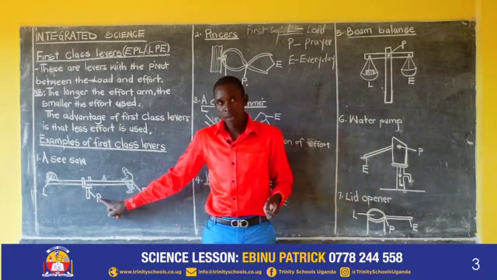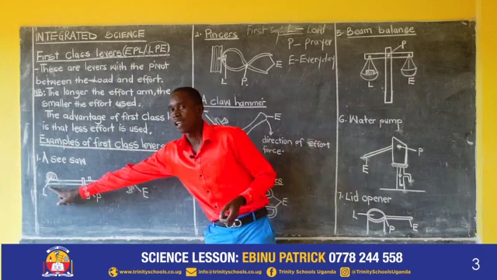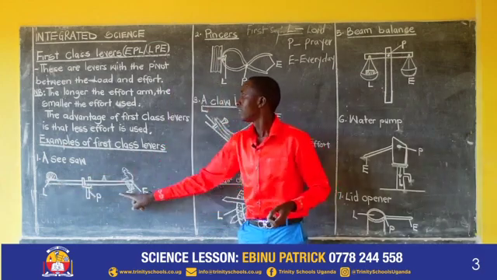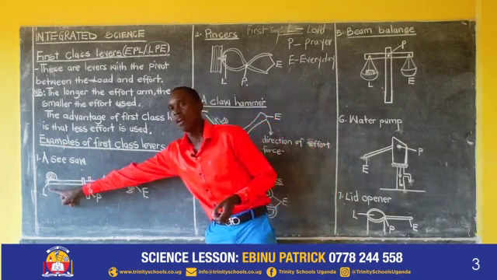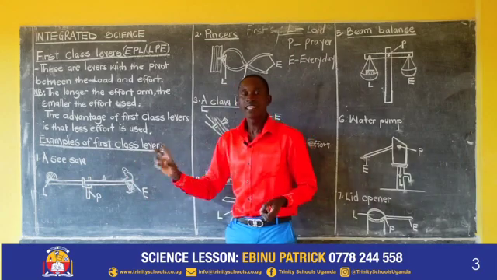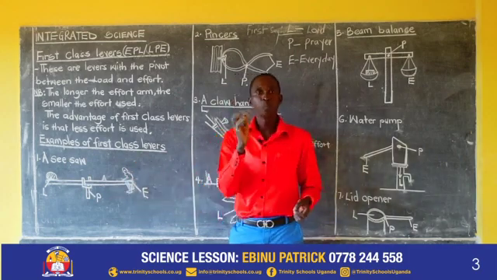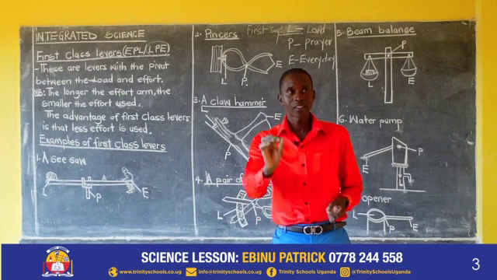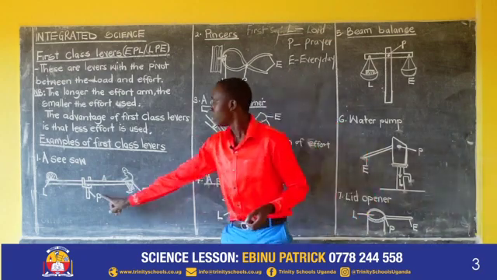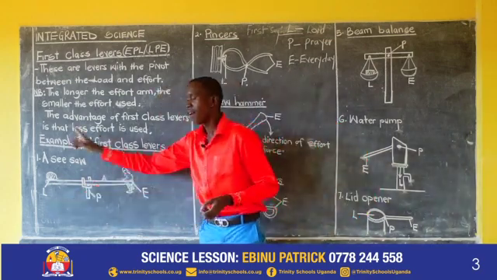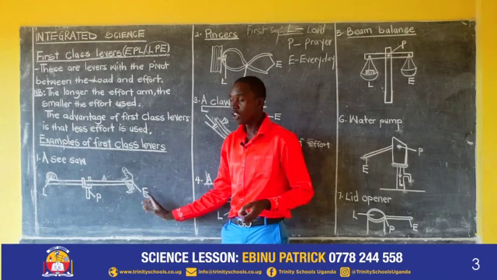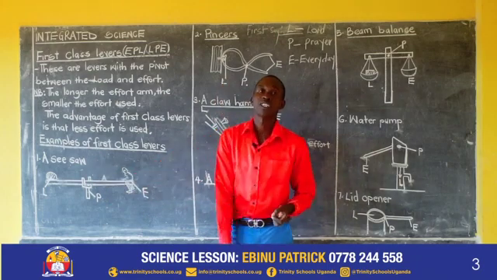Therefore, the pivot is between the load and the effort. That is what makes a seesaw to be grouped under first class levers, because the pivot is between the load and the effort. So this is one of the examples of first class levers.